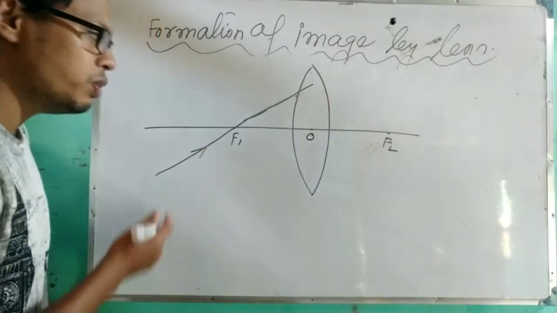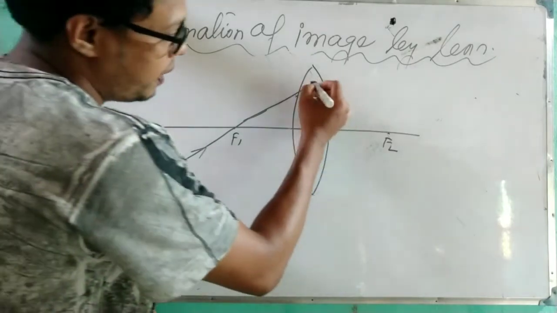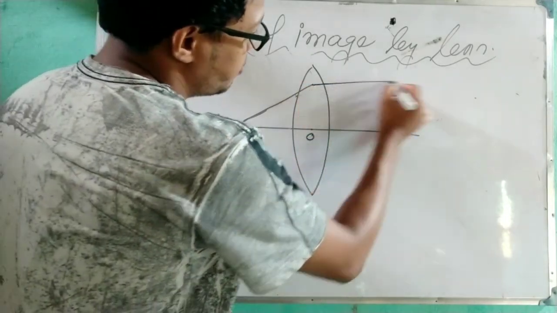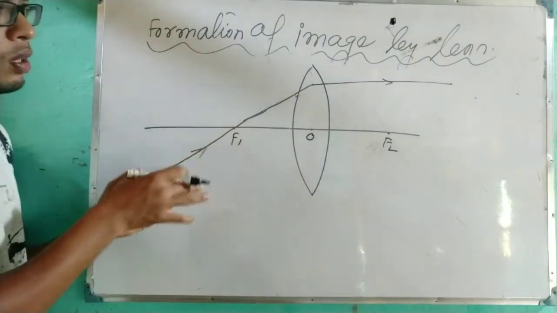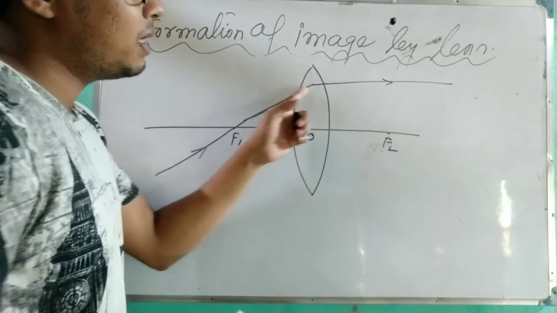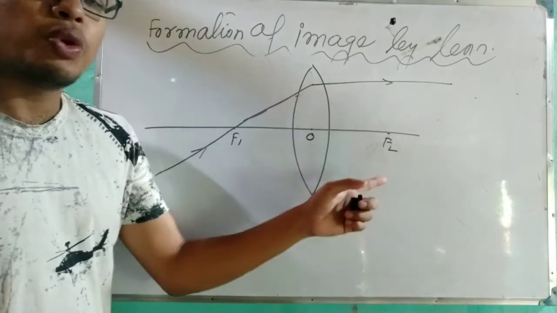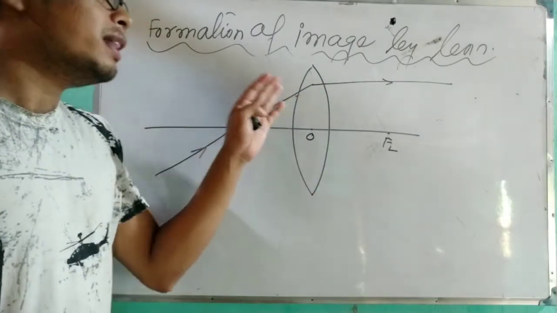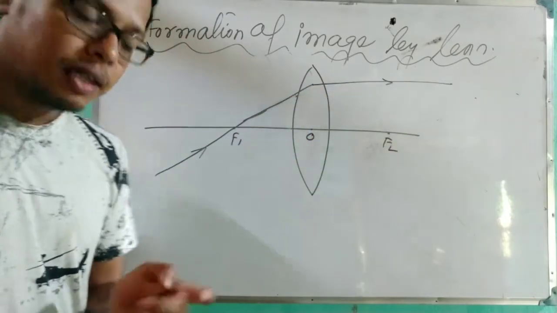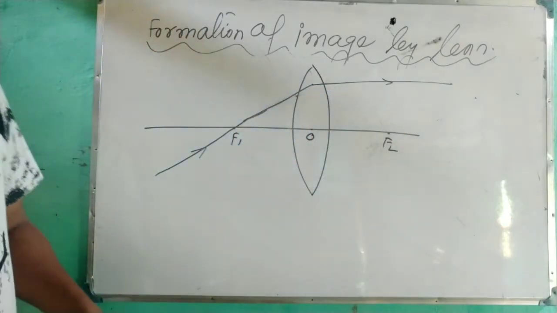This is the incident ray which is passing through the focus. After refraction, it becomes parallel with the principal axis. Just this is the opposite. When the rays are parallel with the principal axis, then it passes through the focus, or when the incident rays are passing through the focus, then it becomes parallel with the principal axis. These are the three rules.